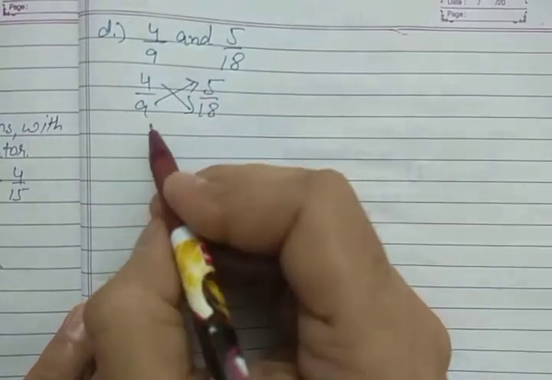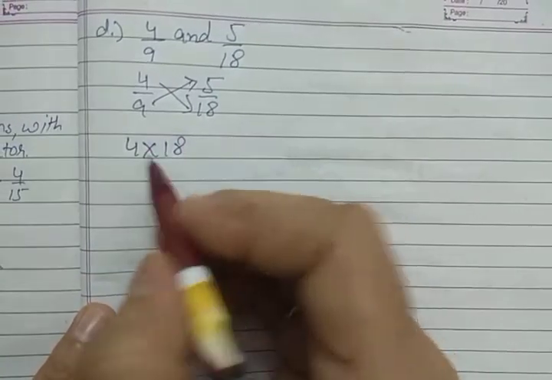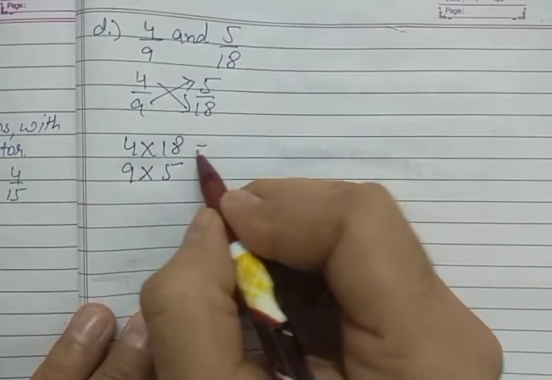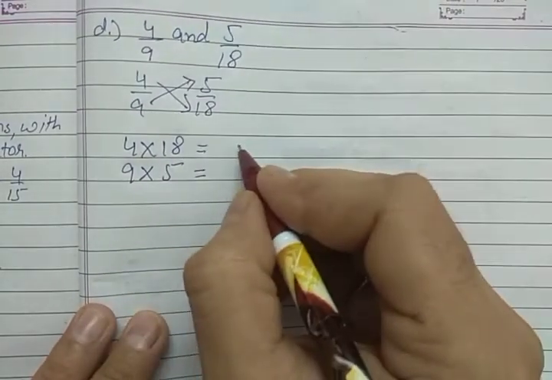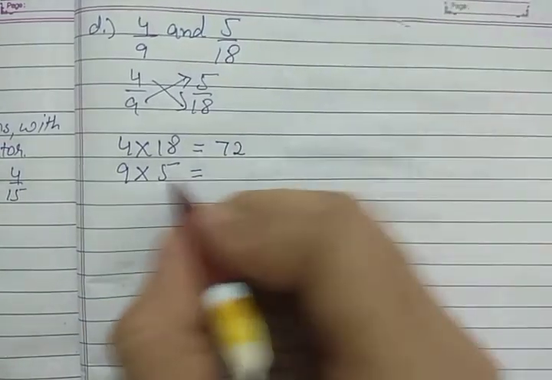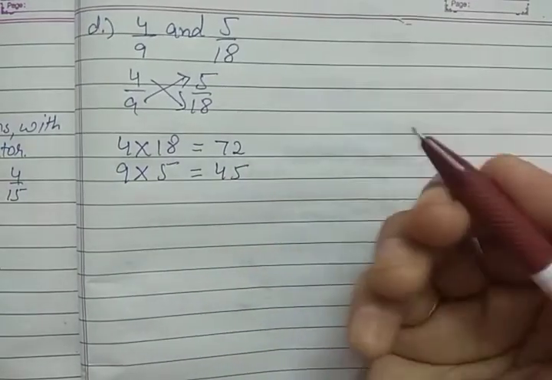Cross multiply them. So we'll get 4 multiplied by 18 and 9 multiplied by 5. So 18 4s are 72, and 9 5s are 45.